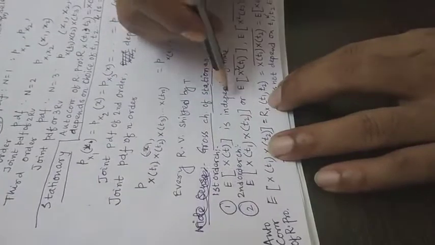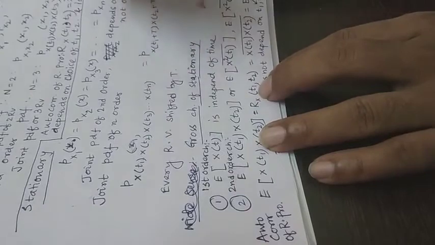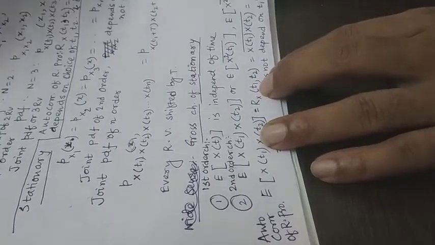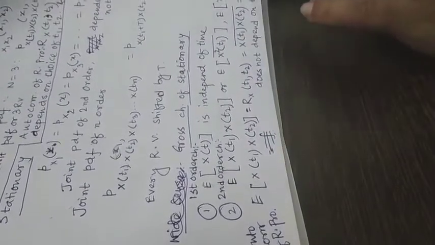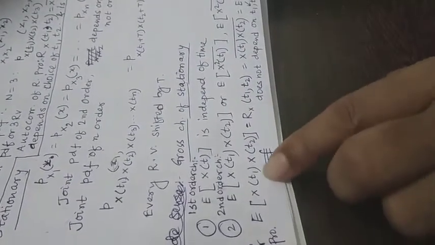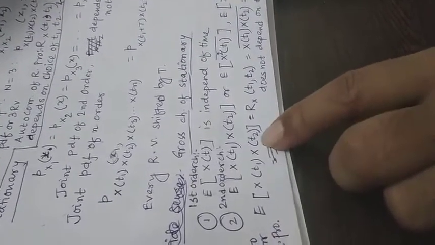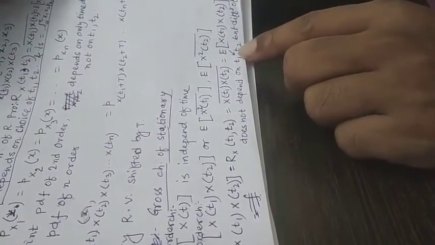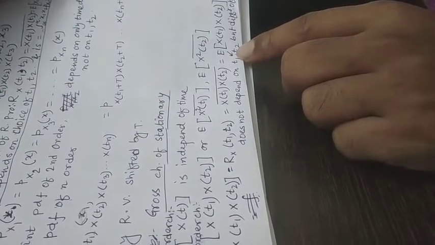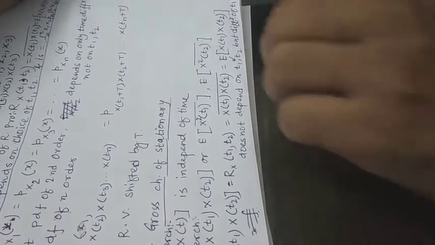The mean will be independent of time, wherever we take it. And the autocorrelation function will depend on the time difference. That means if you take the autocorrelation of two random variables x(t1) and x(t2), it should depend on the difference between t2 and t1, not on where we take t1 and t2. That's all about the stationary random process.